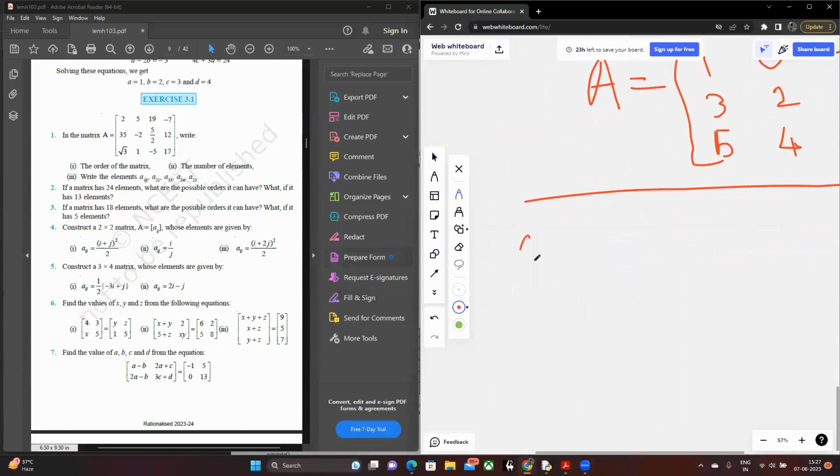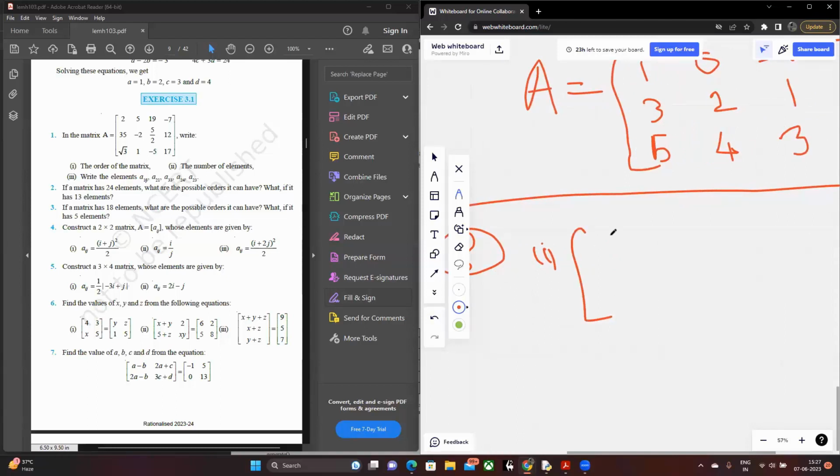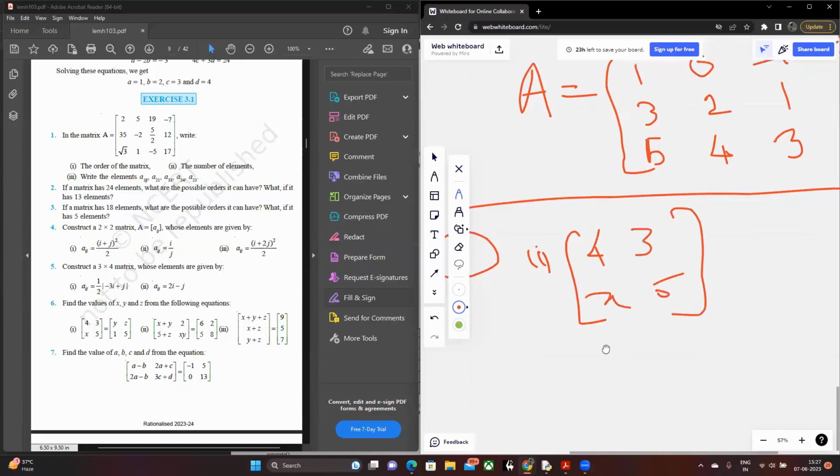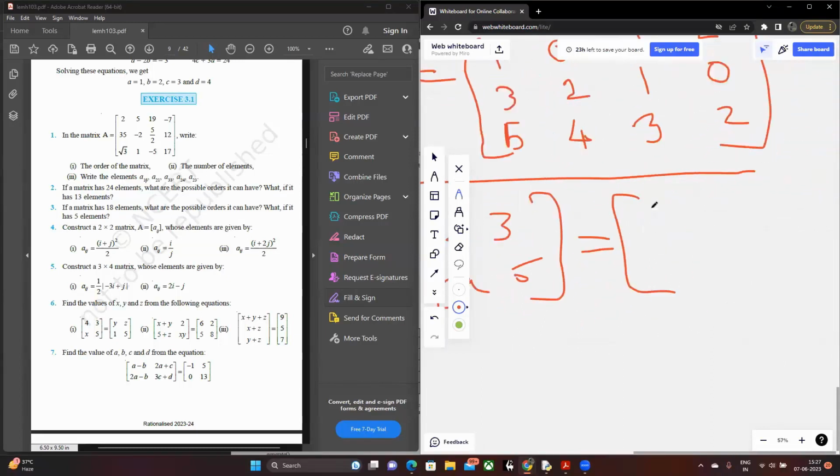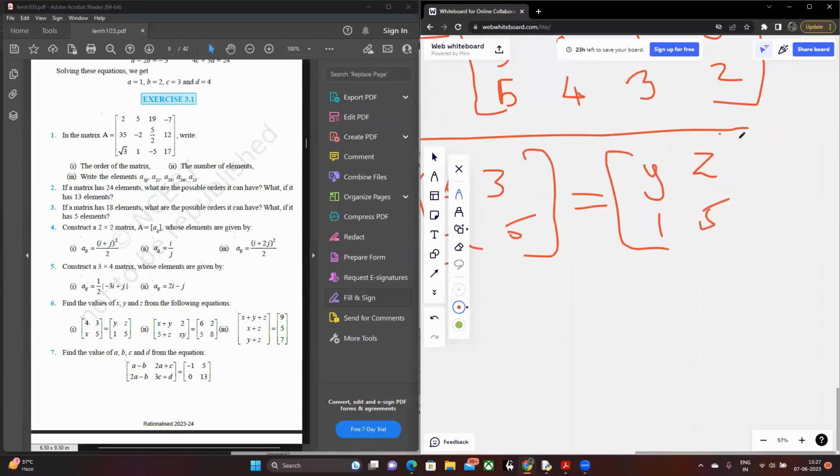Question number 6, matrix equality, right? Find the values of x, y, z for the following equations. A, part 1 states that 4, 3, x, 5 is equal to y, z, 1, 5, right?